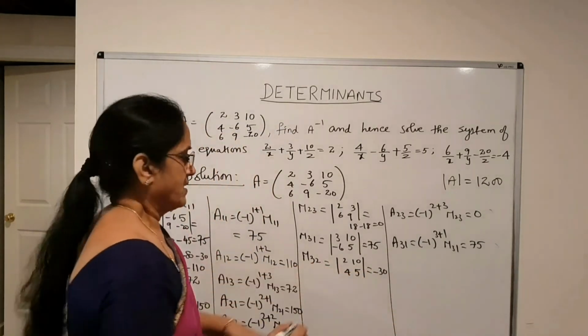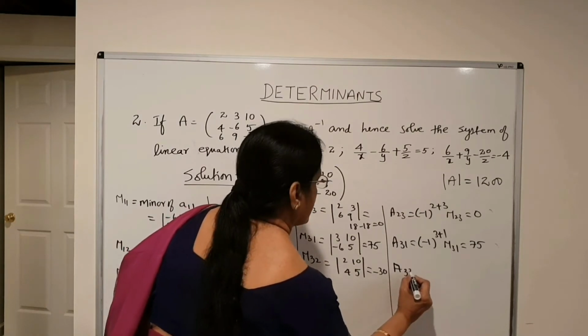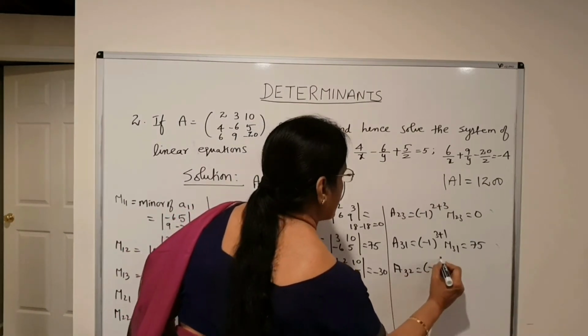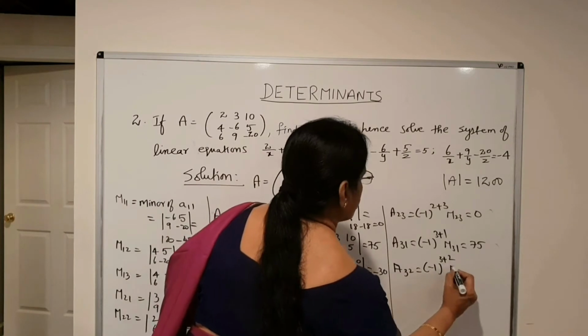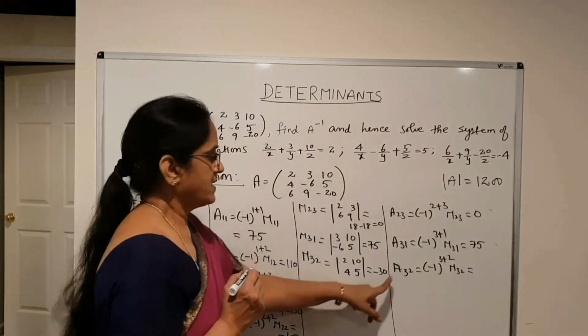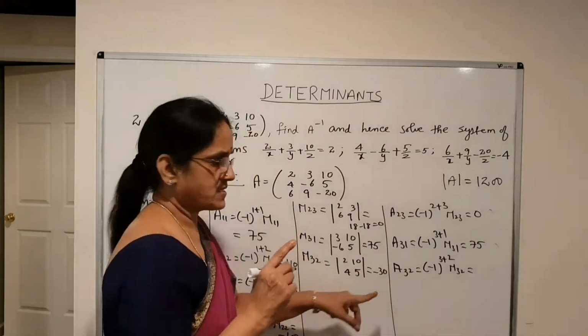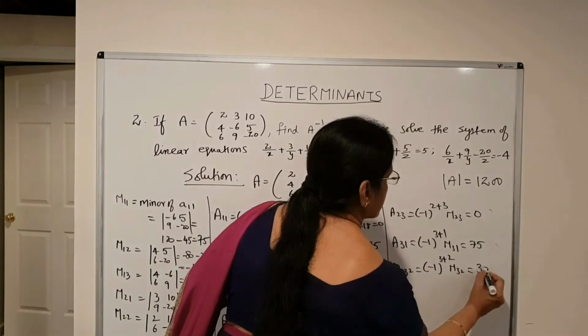Now the corresponding A32 will be minus 1 to the power 3 plus 2 into M32. Here I got the value as minus 30. Here minus 1 to the power 5 is minus 1. Minus into minus plus. So it is going to be just 30.